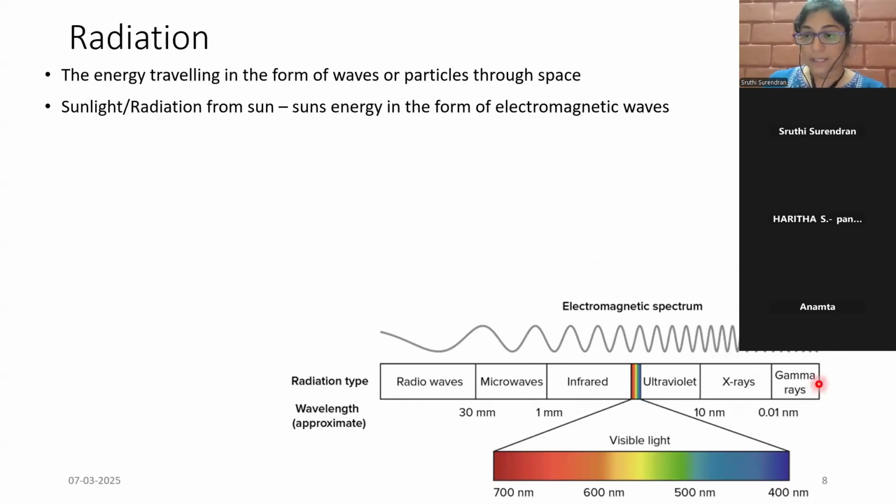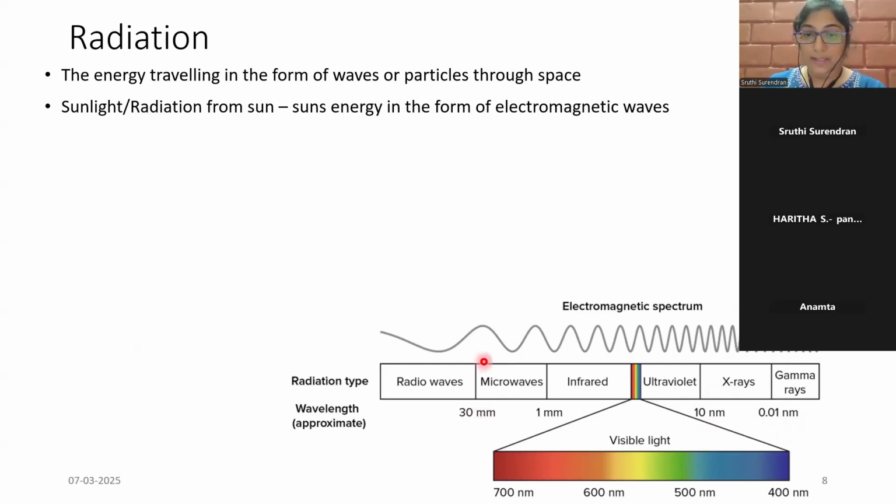If you see the wavelength of the electromagnetic spectrum, it starts with gamma rays, which have a very small wavelength, up to some 0.01 nanometers. After that, X-rays come, at 10 nanometers, and it goes on until radio waves and microwaves of 30 millimeters. A nanometer is 10 to the power minus 9 meter, and a millimeter is 10 to the power minus 3 meter.